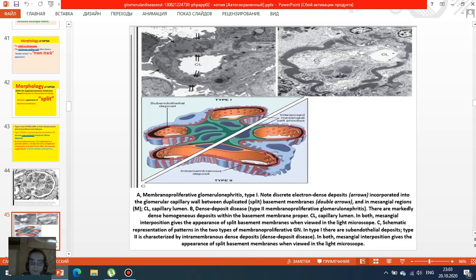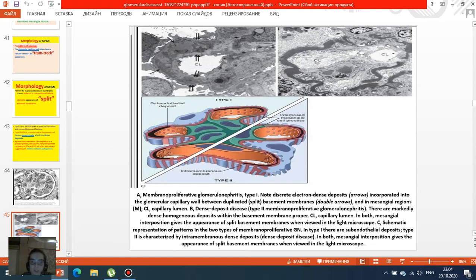Picture B, dense deposit disease, type 2 membranoproliferative glomerulonephritis, with markedly dense homogeneous deposits within the basement membrane proper. In both, mesangial interposition gives the appearance of split basement membranes when viewed in light microscopy.